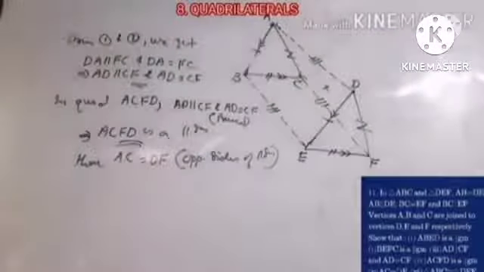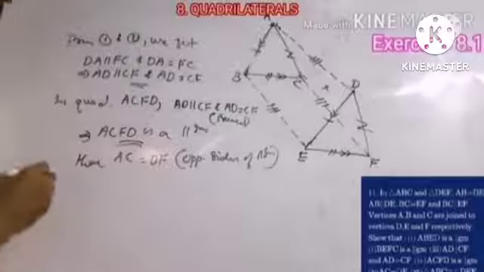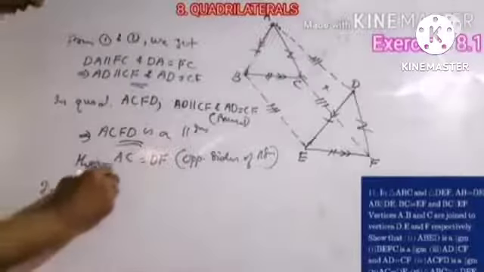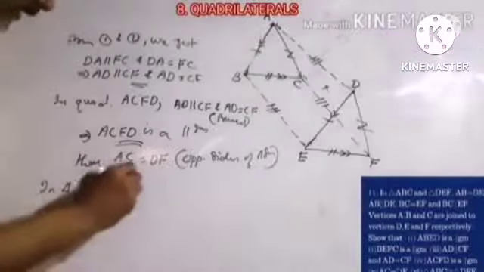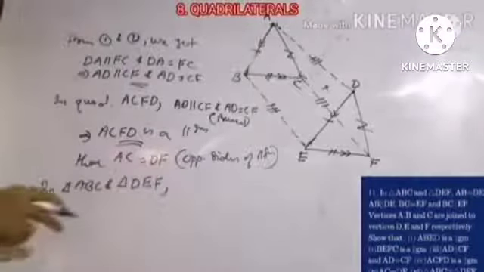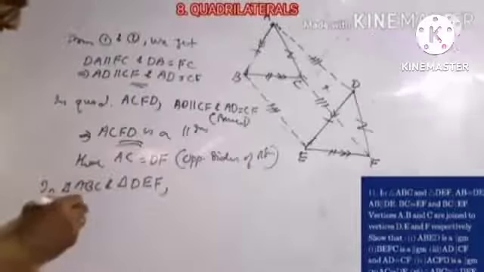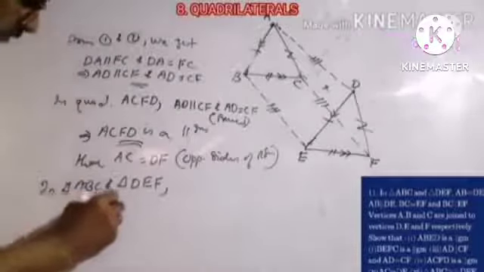Now the last one: triangle ABC congruent to triangle DEF. So consider triangle ABC and triangle DEF. Already we have AB equal to DE, that is given in the question.